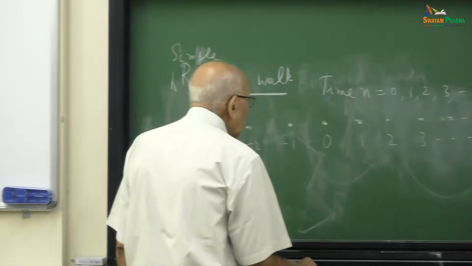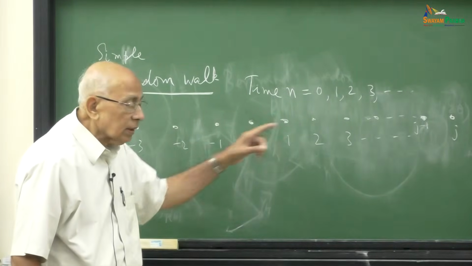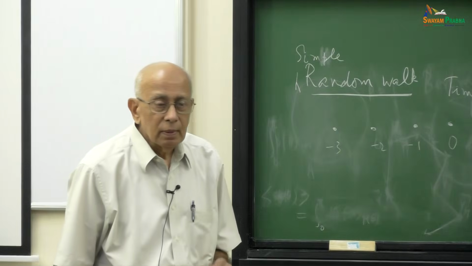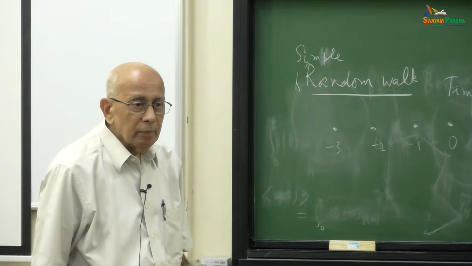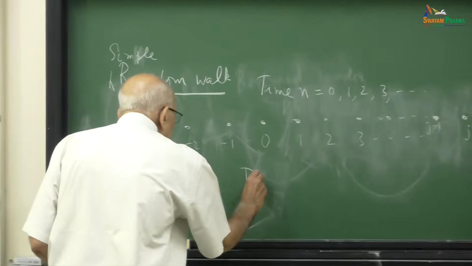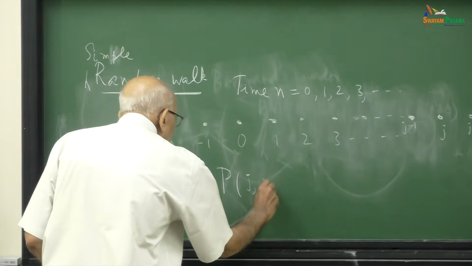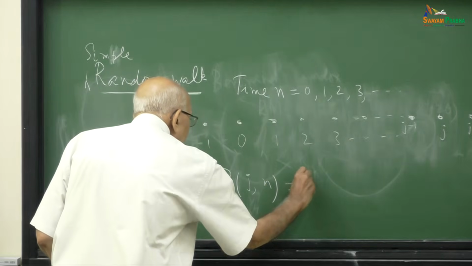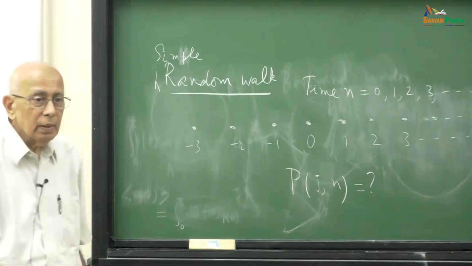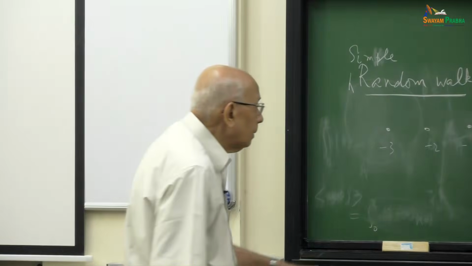The question asked now is, what is the probability that I end up at some particular site at the end of time n? So I would like to know what is the probability, P, that I end up at some site j at time n. After any finite amount of time n.